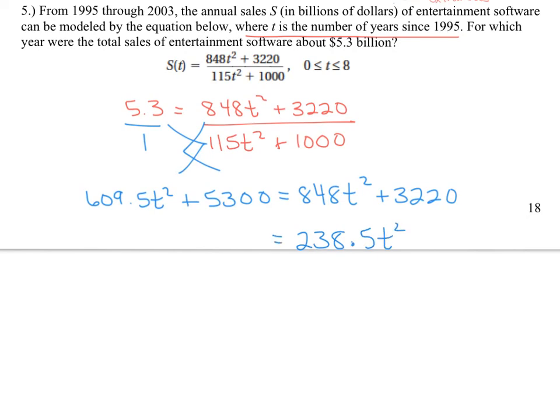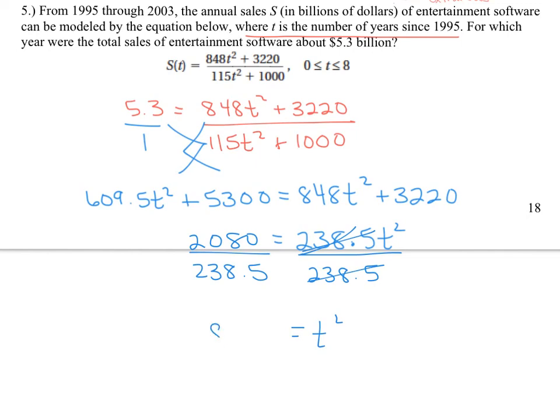And I'm going to take 3,220 and subtract it from 5,300, and that's 2,080. I'll divide both sides by 238.5, and you end up with t squared equals 8.72.